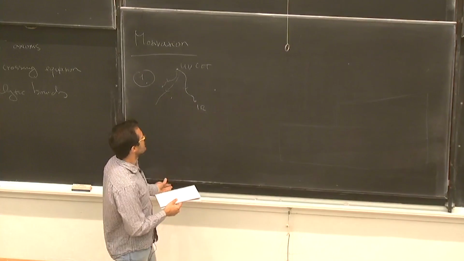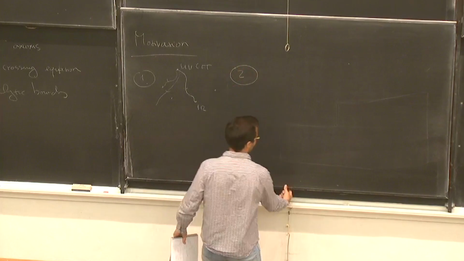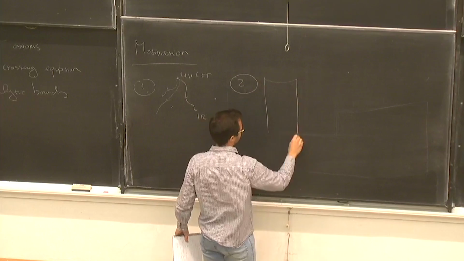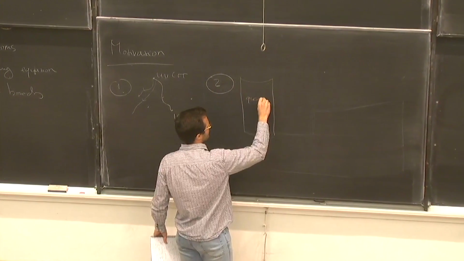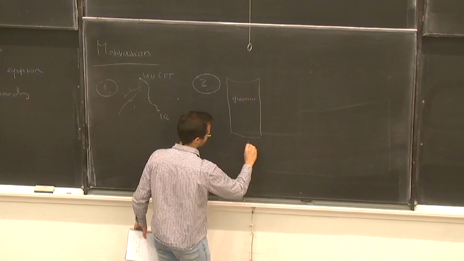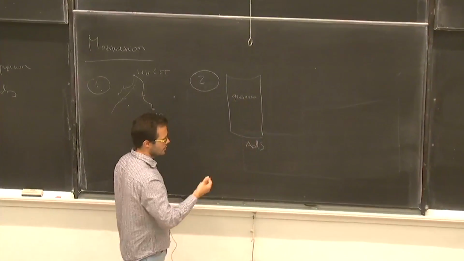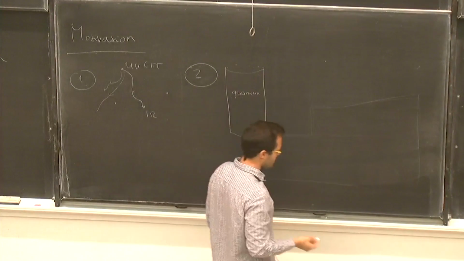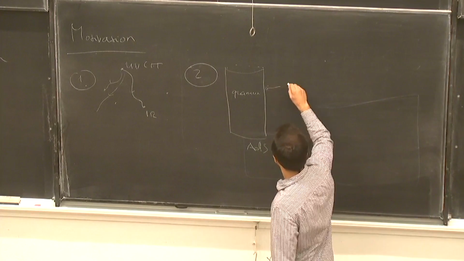Now the second situation where conformal field theories are absolutely essential is when you study some quantum system put inside AdS. So let's imagine that we have AdS space, and there is some quantum, not necessarily gravitational, system inside AdS. Now, the claim is that such a system is very generally described by a conformal field theory living on the boundary.